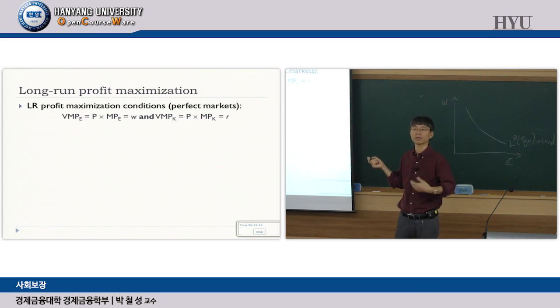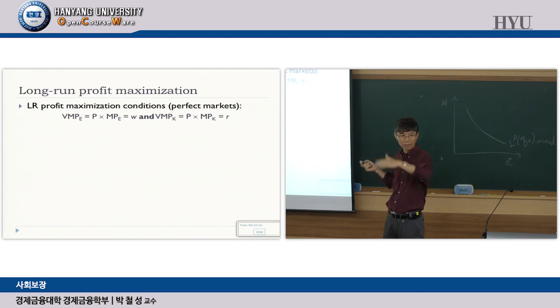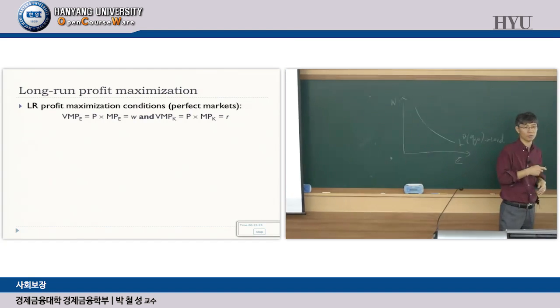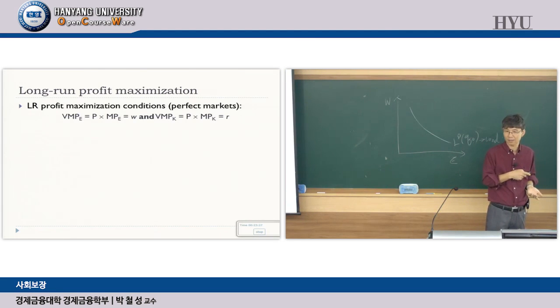If you have a third input, basically the same thing. The value of marginal product of the third input should be equal to the cost of the third input. Because same thing, you can write down all these things into VMP of something equals the cost of that thing. And then you can have multiple equations. Since we assumed only two inputs, we can write it down there. But in some cases, there can be more than two inputs.